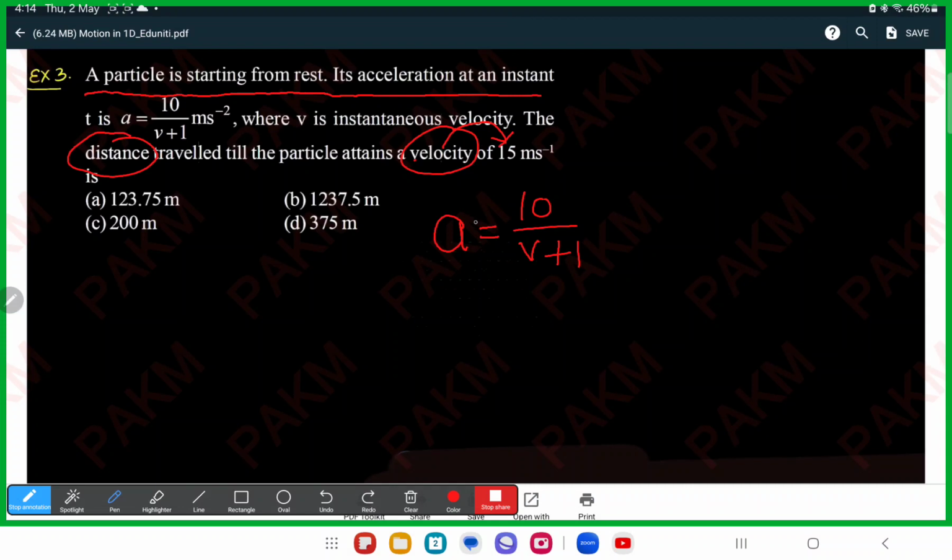So here we can say, acceleration. If you remember, I told you x-t, v-t, and a-t. Now in the given question, we have been given a.